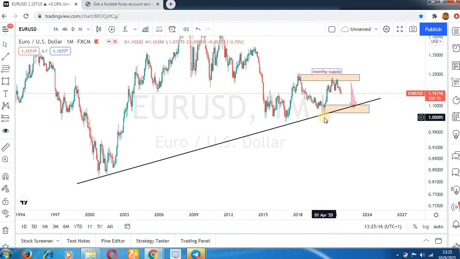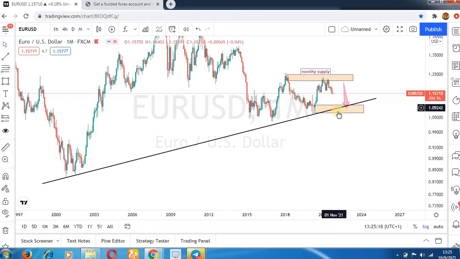Now this multi-year trend line somehow coincides with this demand zone, so making this place a confluence, kind of. You can call it a confluence, because both the retail and the smart money agree. Are all looking at it. Yes, are all looking at it. So somehow something is going to attract price to this point.